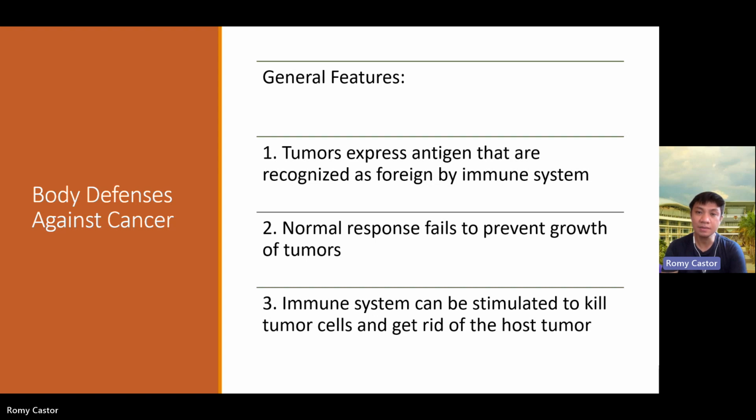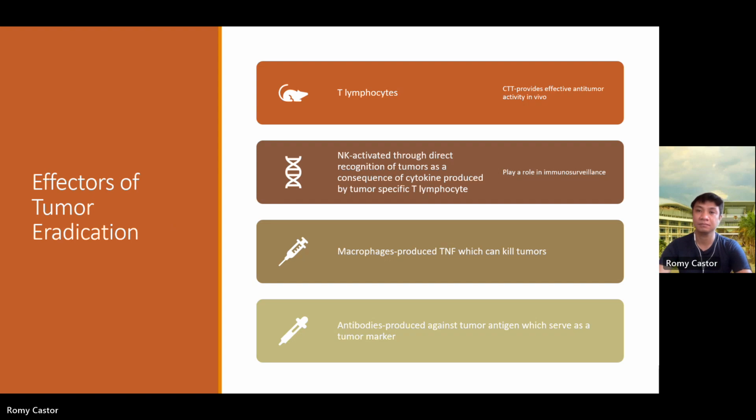The third one, the immune system can be stimulated to kill tumor cells and get rid of the host tumor. Again, only if the tumor has been recognized as a foreign antigen. Okay, so we have the effector cells in our body that help in the elimination or eradication of the tumors. Number one, we have your cytotoxic T lymphocyte.